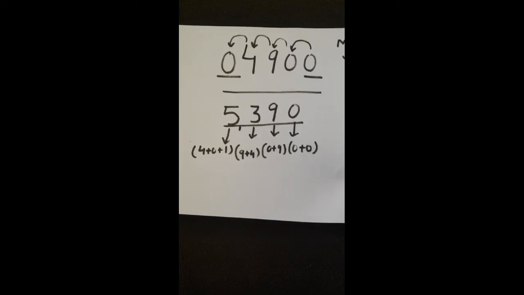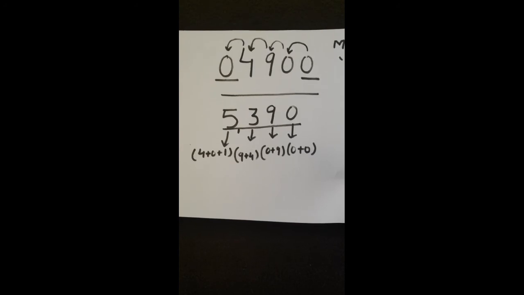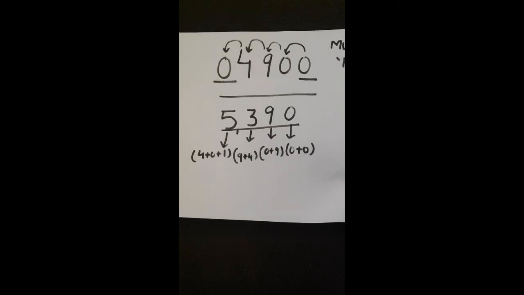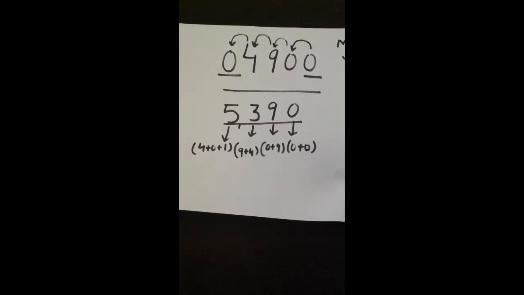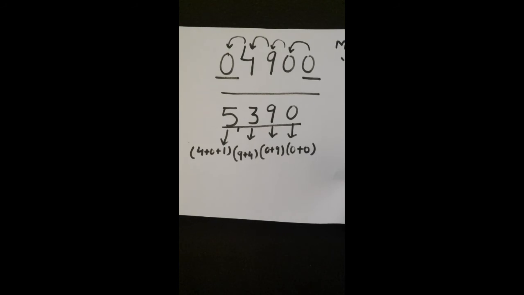So 0 plus 0 will be 0, 0 plus 9 will be 9, 9 plus 4 will be 13, carry 1 to the left, and then 4 plus 0 plus 1 will be 5. So the answer will be 5390. So the answer to 98 multiplied by 55 will be 5390.